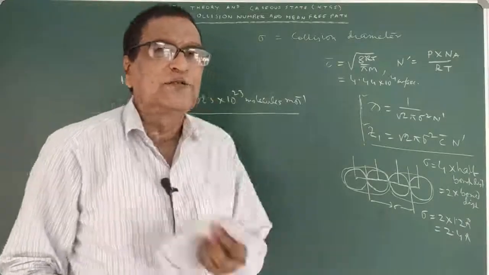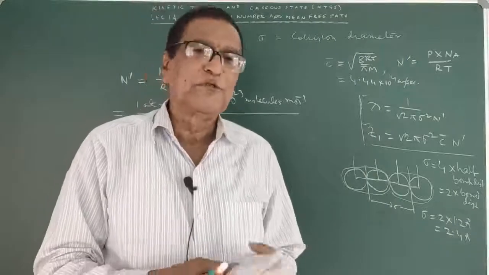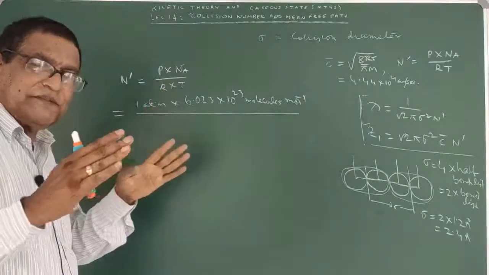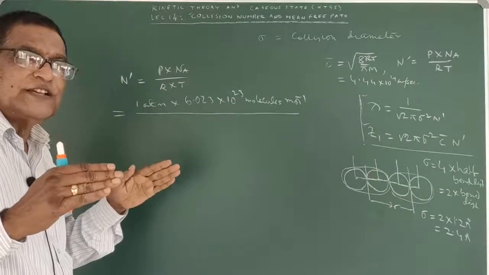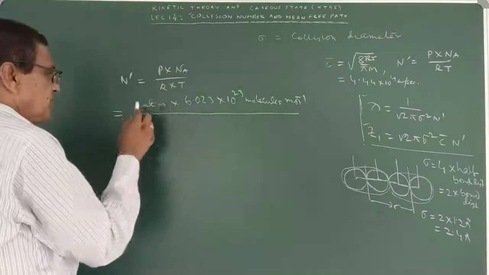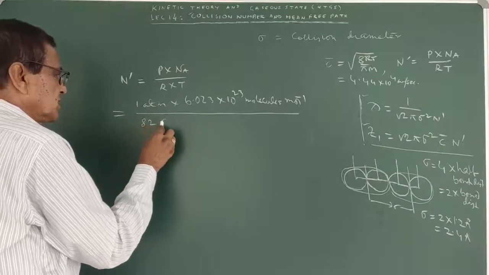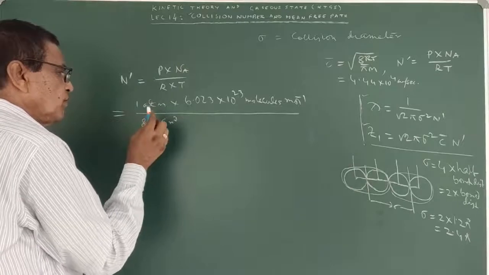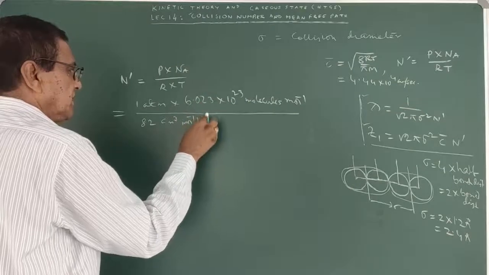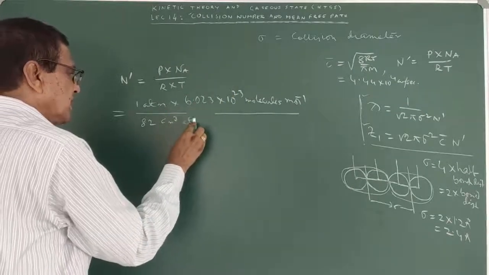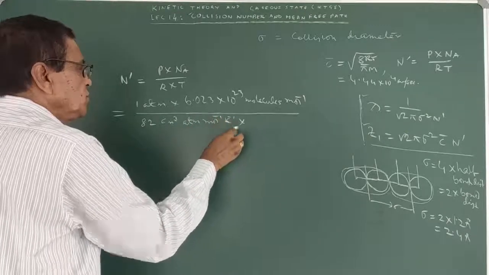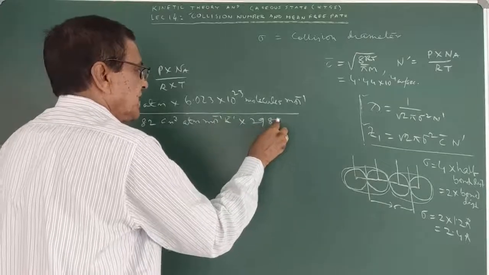If we would like to calculate the number of molecules per cc, then R is to be given in cc atmosphere mole inverse Kelvin inverse. So the value of R will be 82 cc atmosphere mole inverse Kelvin inverse, into temperature 298 Kelvin.